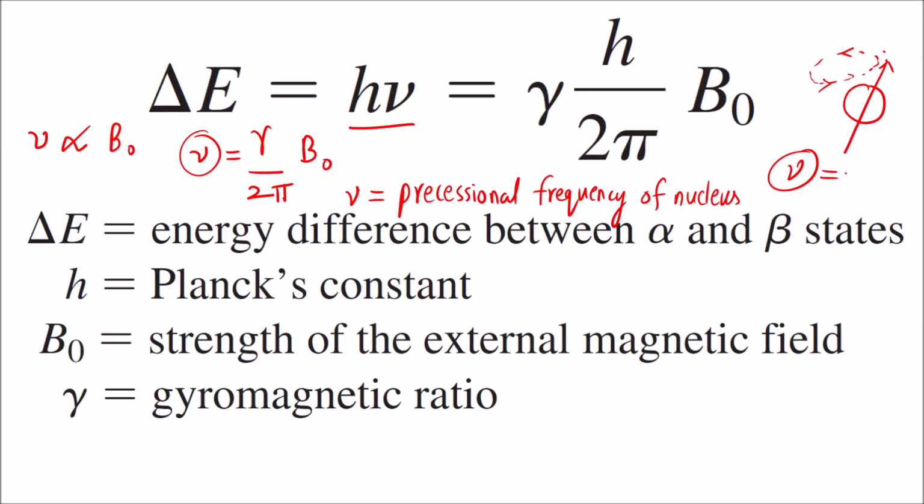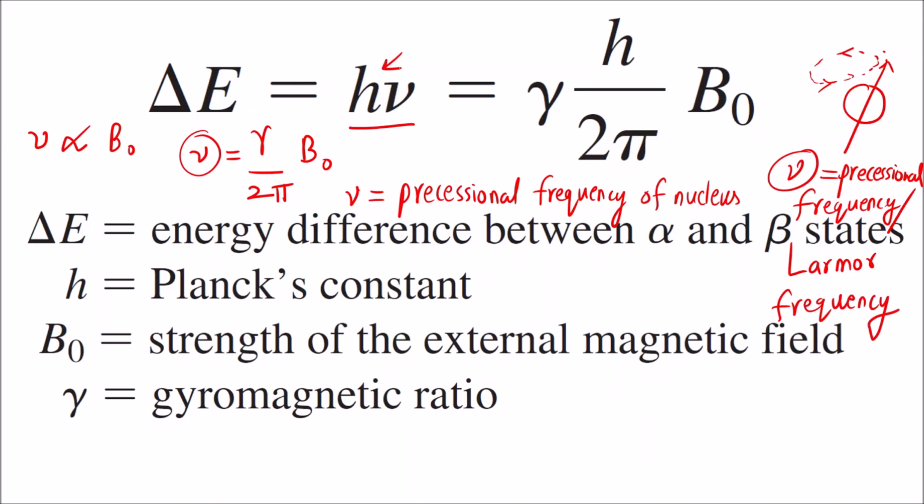Why is it called precession? Precession means the movement like a top, a spinning top. The first slide that I had shown, that movement is called precession. That is why it is called precessional frequency, or another name is Larmor frequency.